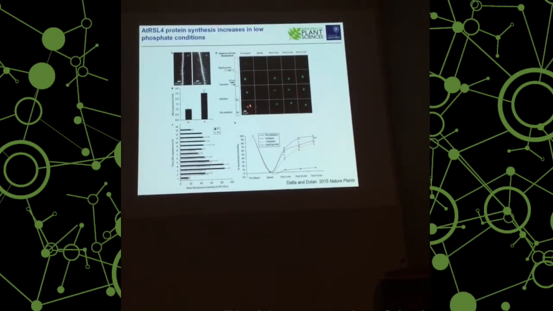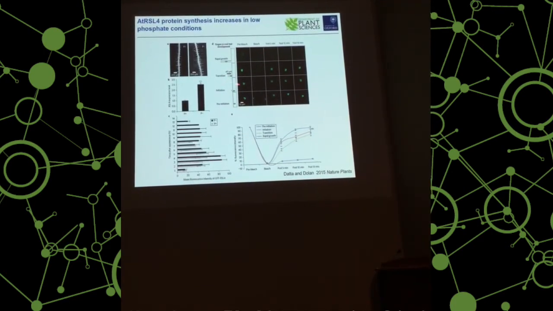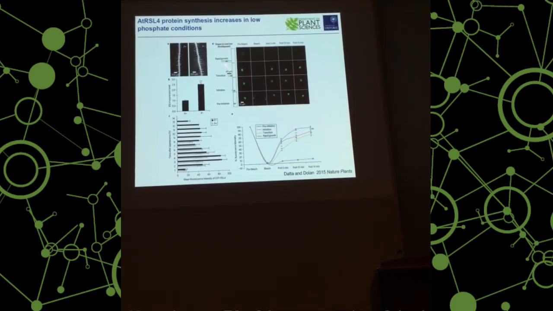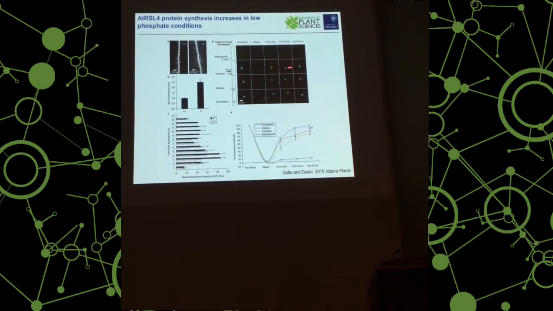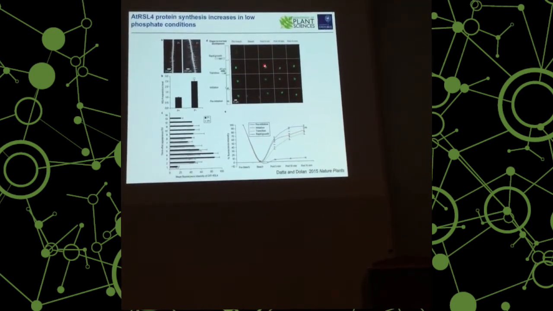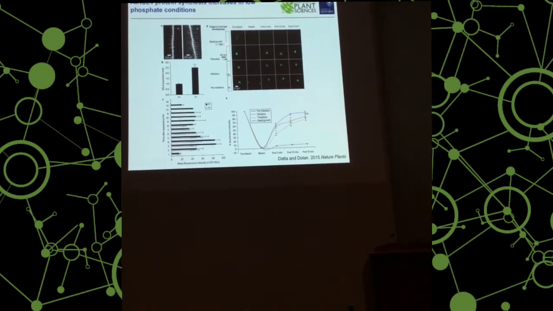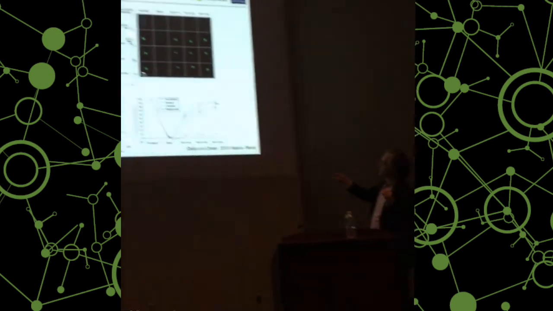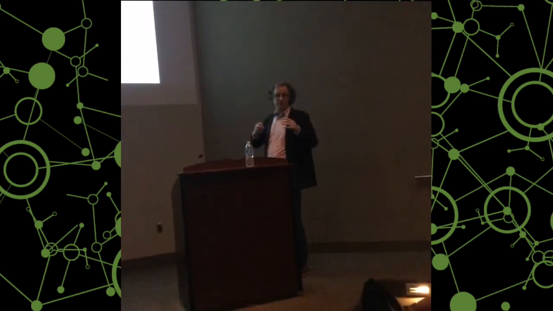And so if you remember the previous FRAP experiments, we got recovery at pre-initiation, we got recovery at initiation. In the previous experiment, growing in adequate phosphate, we didn't get recovery here, but now we're seeing recovery. So what this is telling us is that in this transition zone, our RSL4 protein is being synthesized where in adequate phosphate it wasn't.